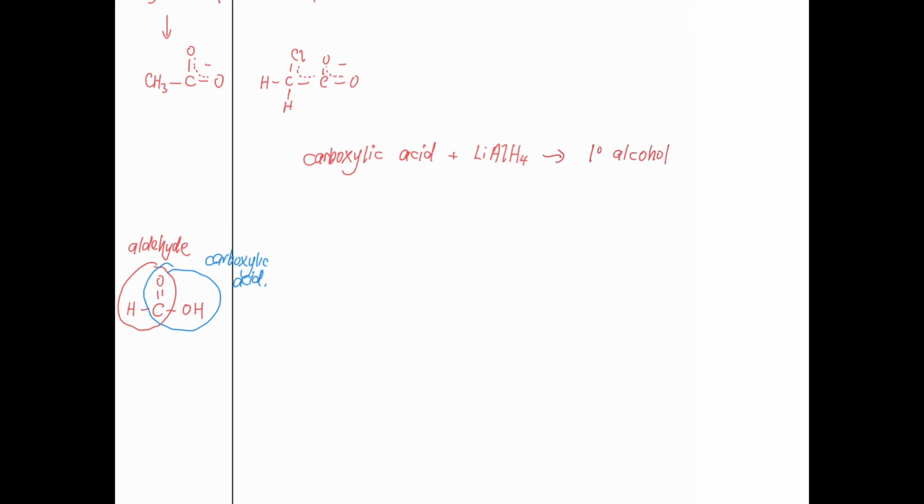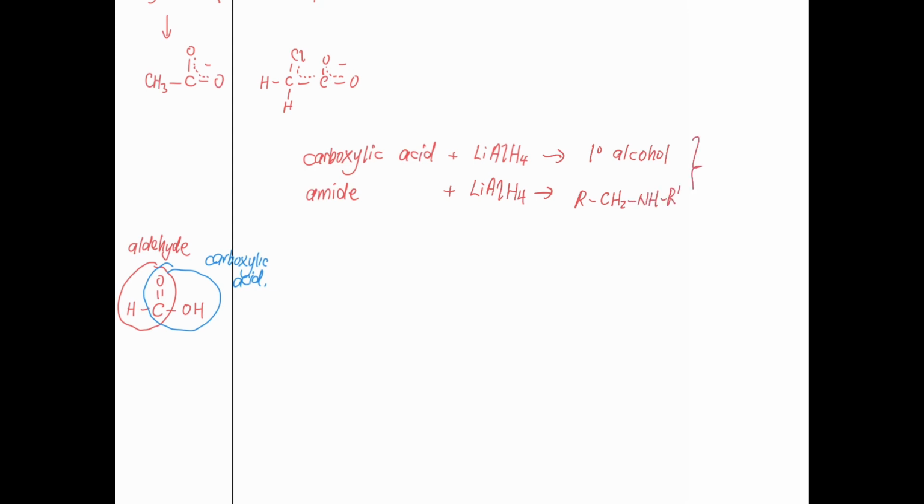Just for your information, amide, we will learn it later. Amide can go through reduction also. With LiAlH4, then they will form something like this. So maybe you know a little bit, or maybe you are not sure what happened here.